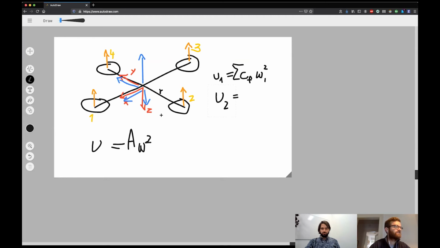If we look at this one here first, it creates a positive torque around the x-axis. So this would be r times CF times omega 2 squared, plus r, oh no, I'm sorry, this is actually minus, because omega 4 creates a negative torque around the x-axis. So this would be minus r times CF times omega 4 squared.